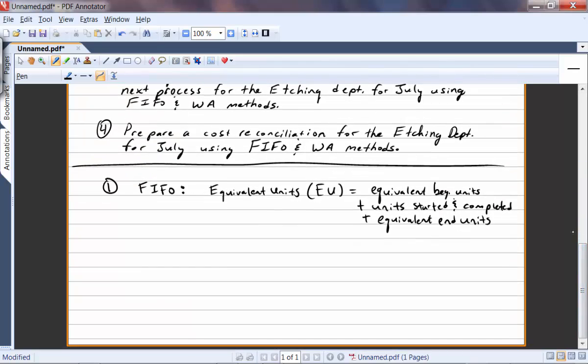Now, units started and completed. Sometimes this tends to trip students up, but let's write down a formula so that we can figure out what the units started and completed are.